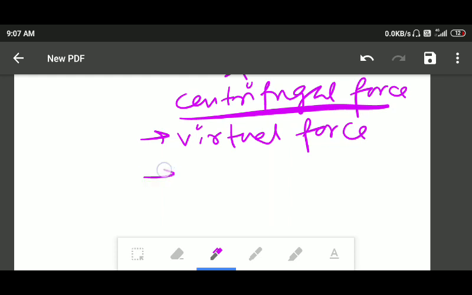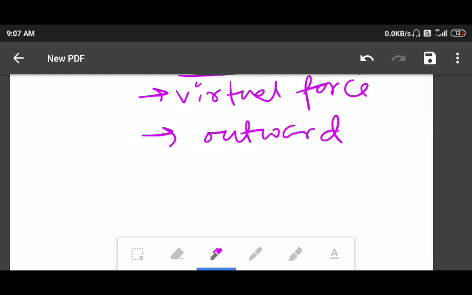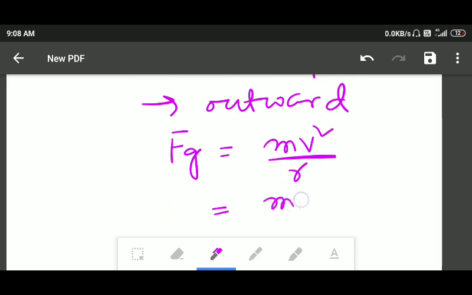The second thing is that it is outward in nature, and the magnitude of centrifugal force is the same as centripetal force, that is equal to mv square by r, or m omega square r. If I write down the value of centrifugal force, F_g, that is equal to mv square by r and m omega square r.